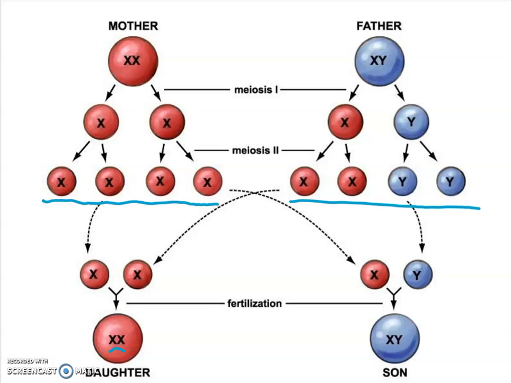And if it so happened that a Y chromosome carrying sperm fuses with the ovum, which can only carry an X chromosome because females only have X chromosomes for the 23rd pair, then an X and a Y chromosome fuse together in fertilization, and you're going to have a male, an XY genotype.